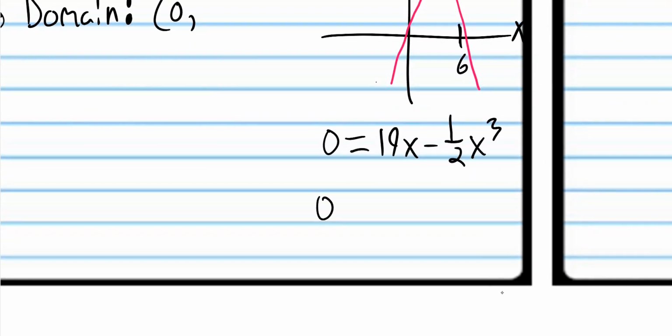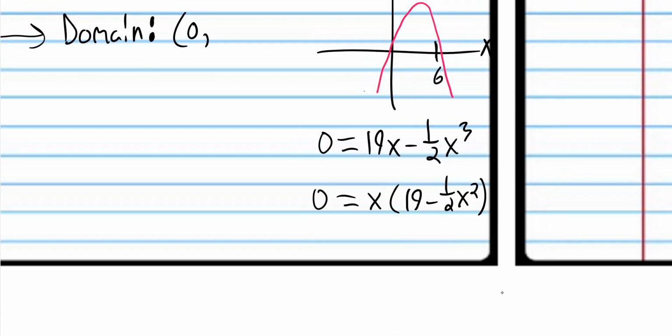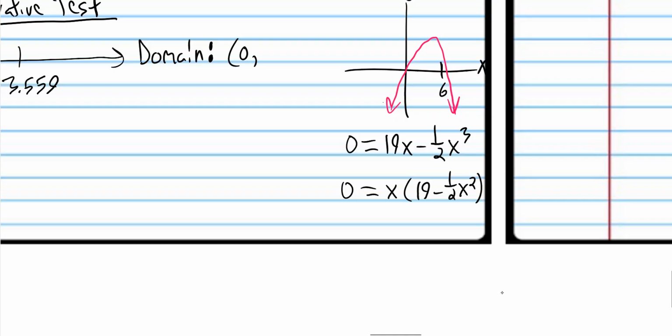If you wanted to solve for x, you would have to factor out an x, and then obviously 0 is one of the intercepts. I didn't draw that graph very well, but it should be going through 0. So x equals 0 is one of the intercepts, but the other intercept is given by setting this equal to 0.